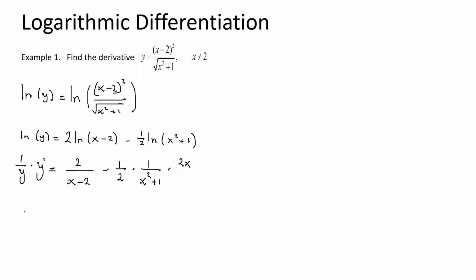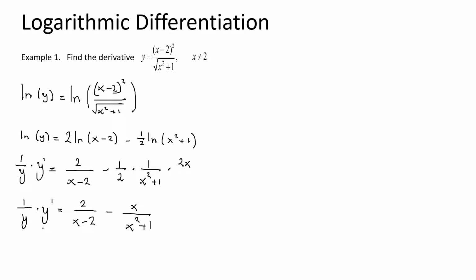Again, let's simplify that. So it becomes 1 over y times y prime equals 2 over x minus 2 minus x over x squared plus 1.